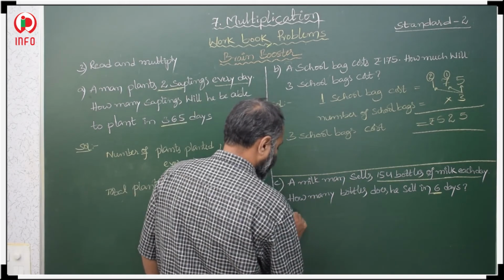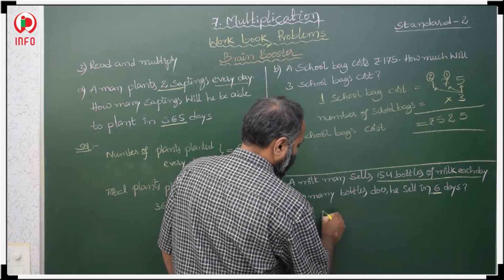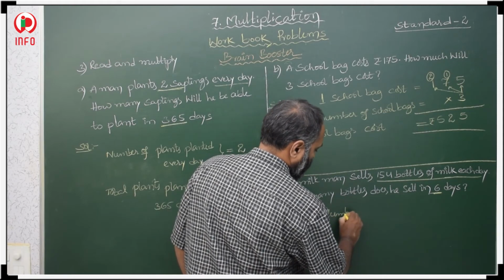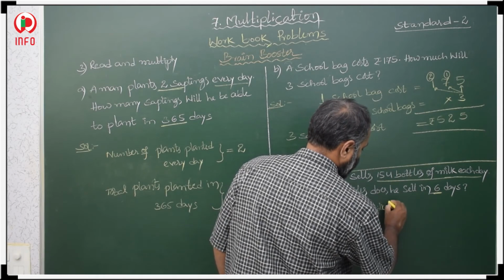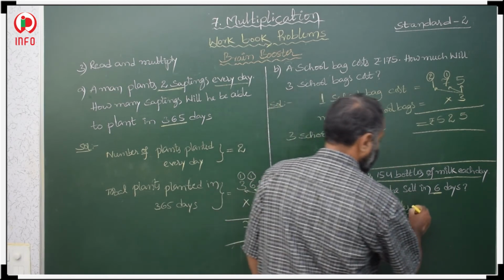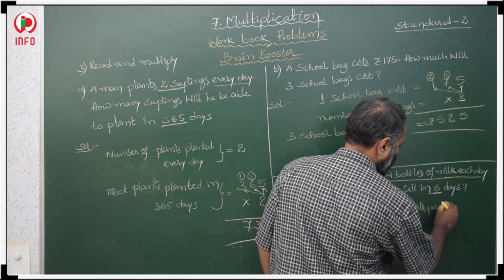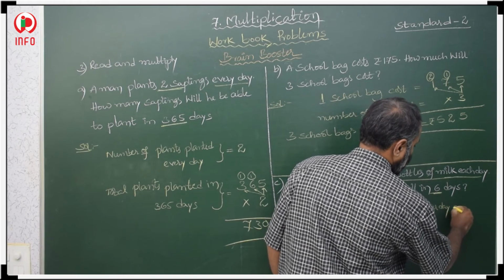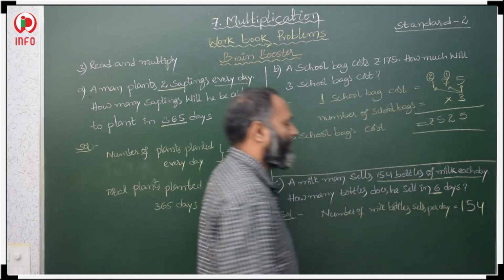Then the number of milk bottles sold per day. How many? 154 bottles he sells per day.